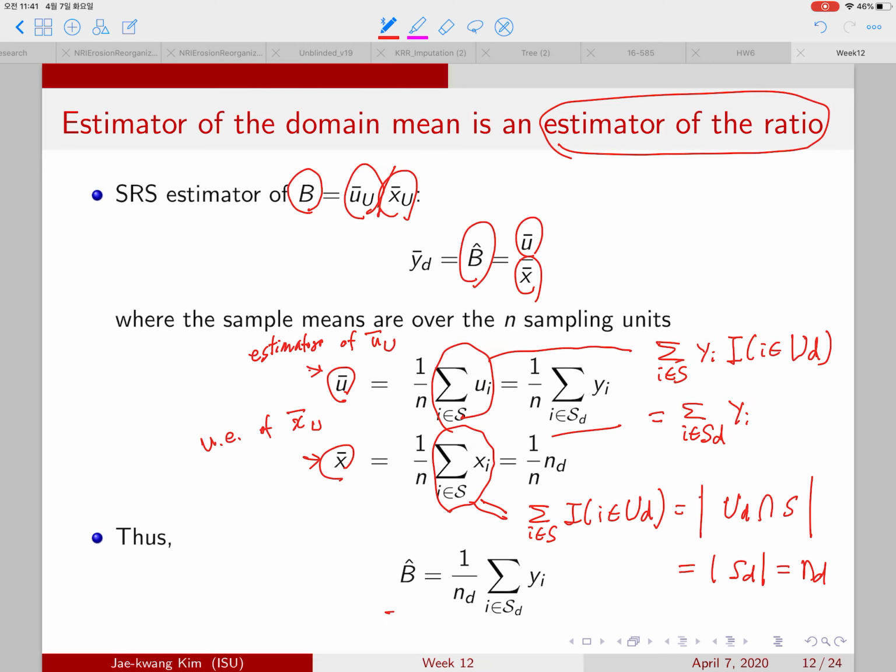Using these two, we obtain p hat equal to the sample mean of y among the elements in S_D.